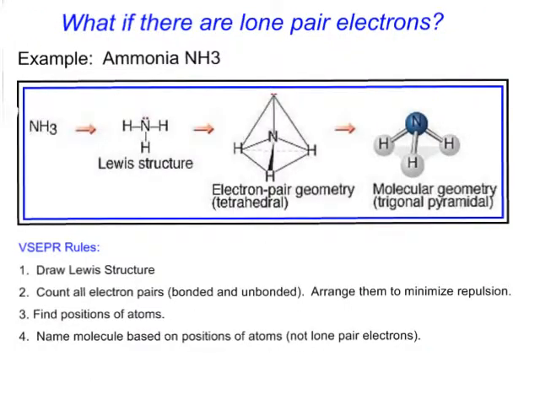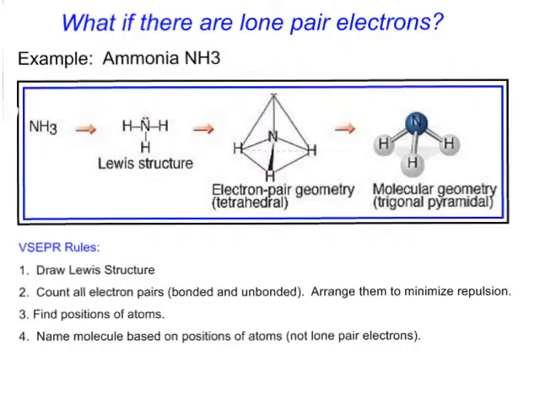What if there are lone pair electrons? Let's do an example with lone pair electrons. The example we're going to look at is ammonia. Here, if we have an ammonia molecule, we're going to first, remember, draw the Lewis structure. Here's our Lewis structure. Second, count all the electron pairs, bonded and unbonded, and arrange them to minimize repulsion.